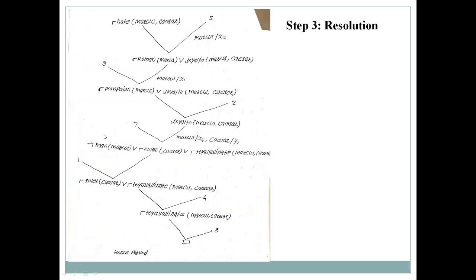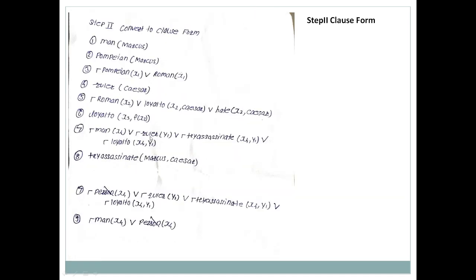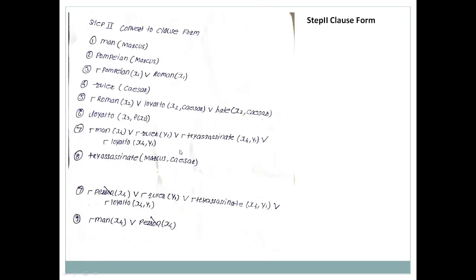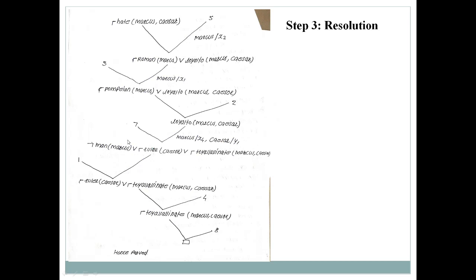So we have to write negation of man Marcus, or negation of ruler y1 replaced by Caesar, or negation of try to assassinate x4 replaced by Marcus, y1 replaced by Caesar, and this loyal to is cancelled with this. So we got this term. Now we try to cancel this man.